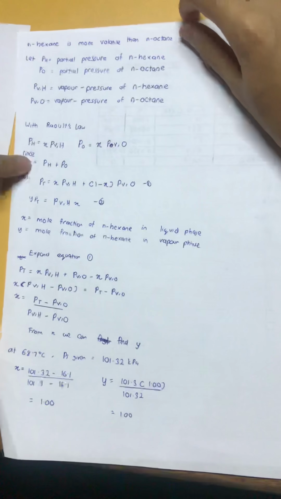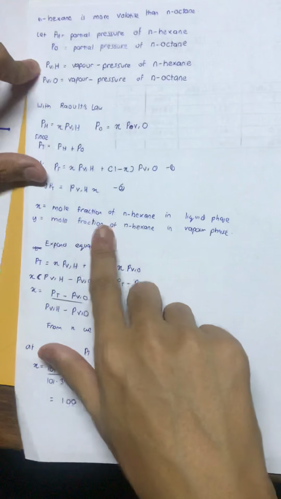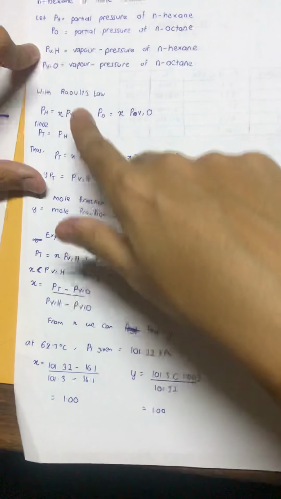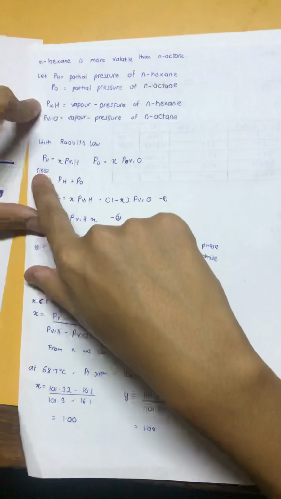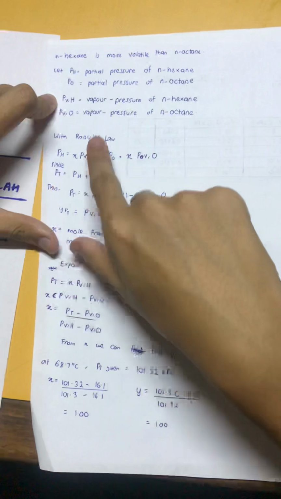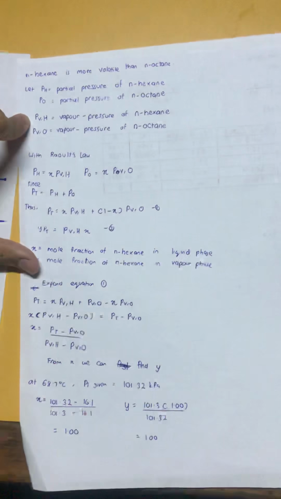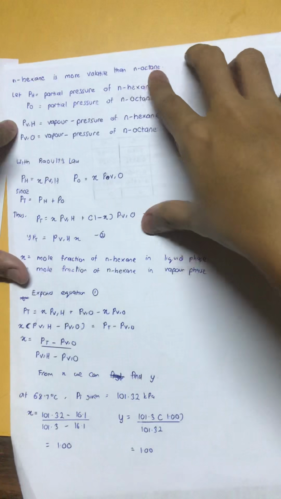It states that PH equals X, which is the mole fraction of N-hexane in the liquid phase, times the vapor pressure of hexane. That is the partial pressure of N-hexane. PO is the same thing, the partial pressure of N-octane, equal to its mole fraction times its vapor pressure.